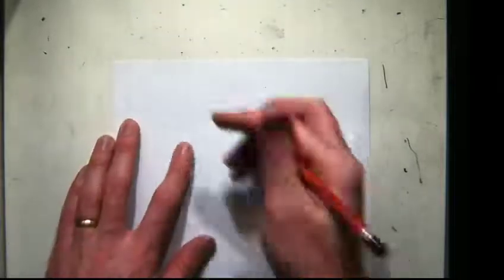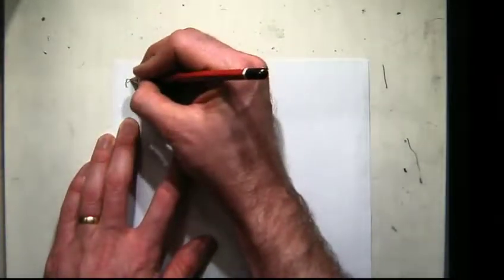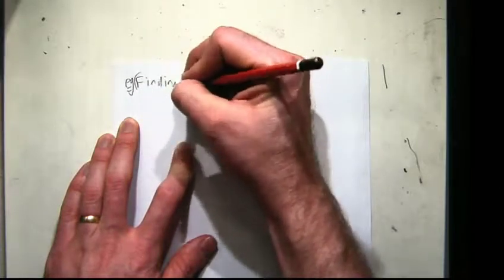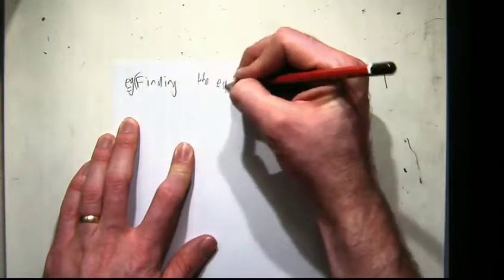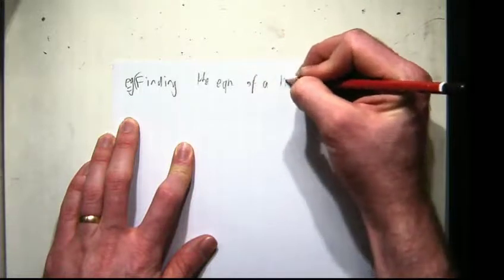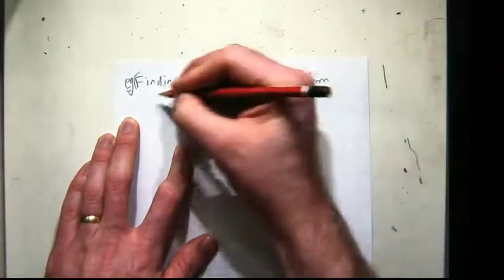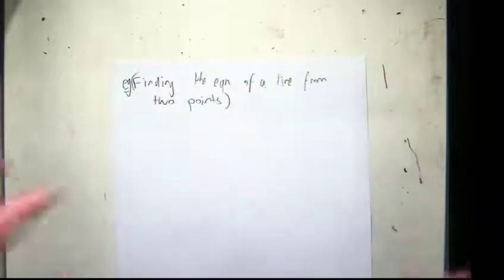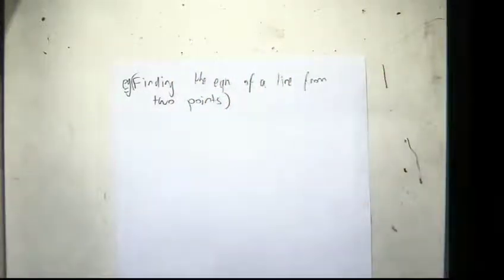I do want to, in the last couple of minutes, figure out, if I just had two random points on a line, how do I figure out what its equation is? Okay? So this example is finding the equation of a line from two more or less random points on the line. Okay?